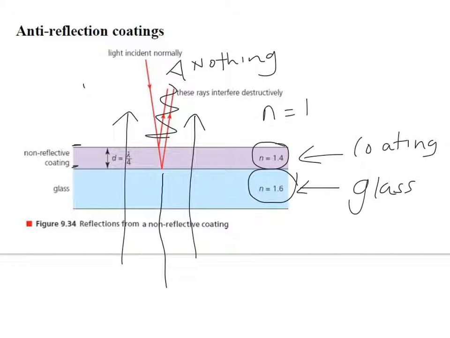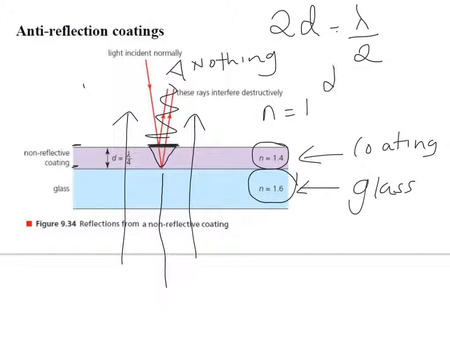So how are we going to do that? Well, let's look at this distance d. So the light that goes through the coating and back travels a distance of 2d. In order for there to be destructive interference at this point, it has to be equal to lambda over 2.